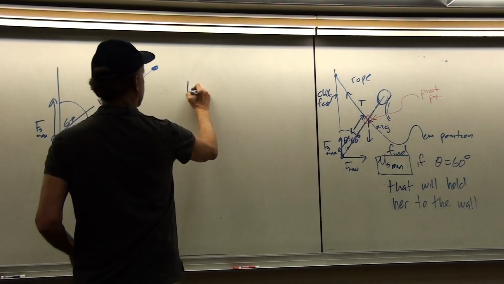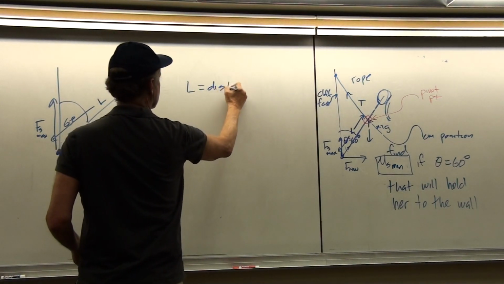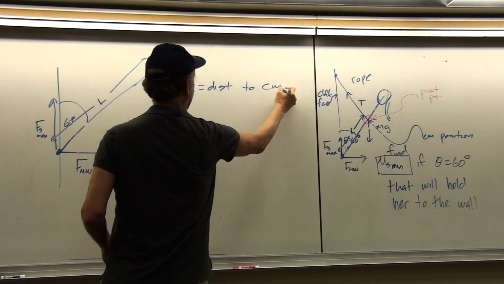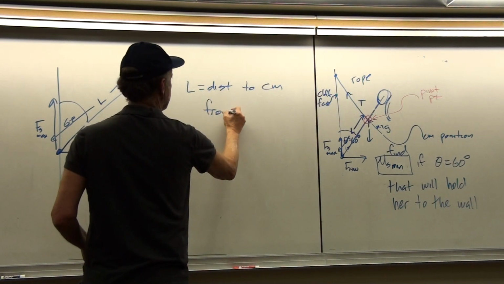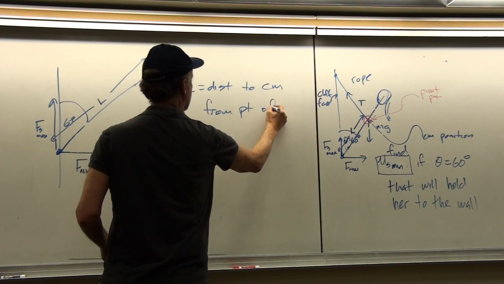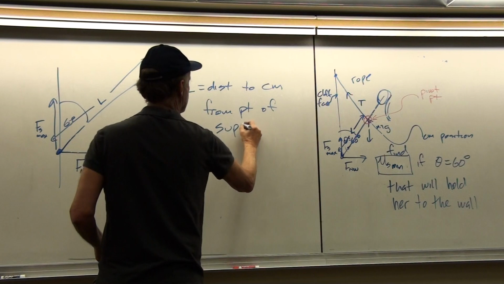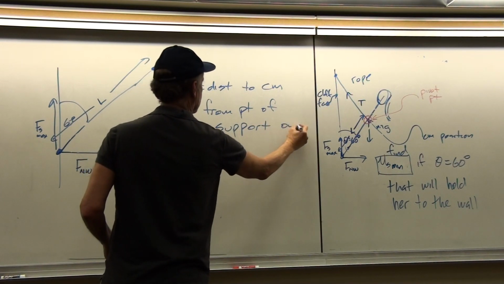So L is the distance to the center of mass from the point of support on the cliff.